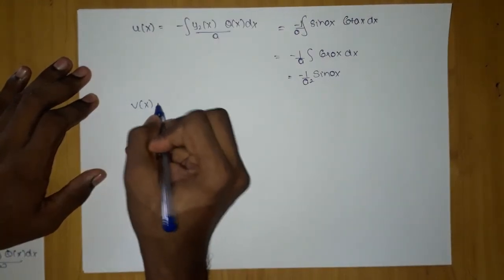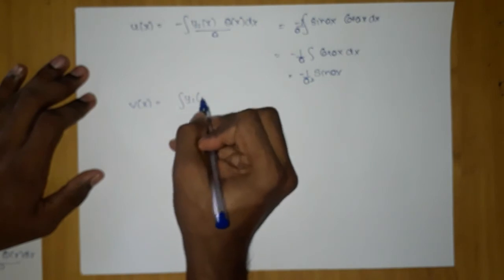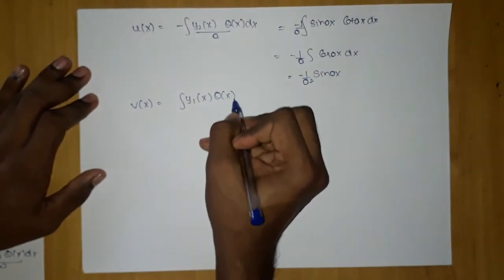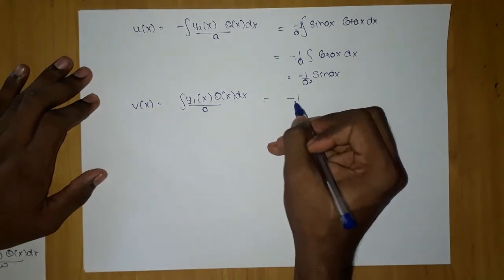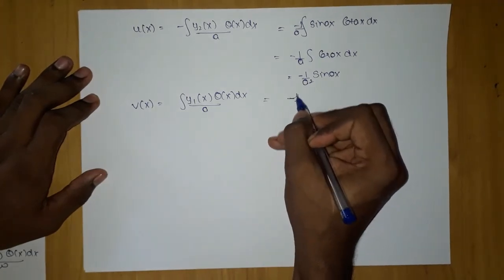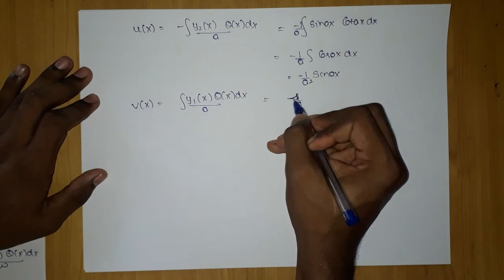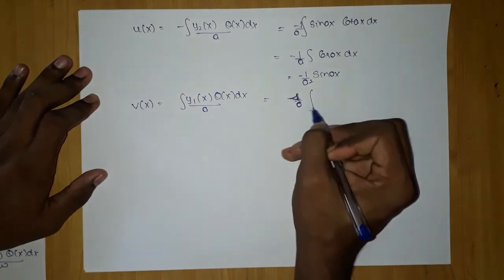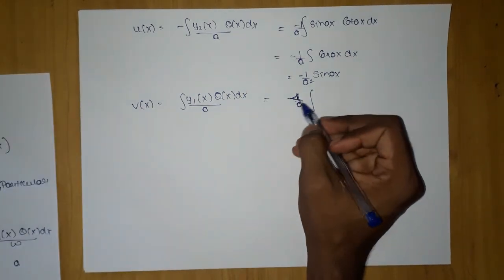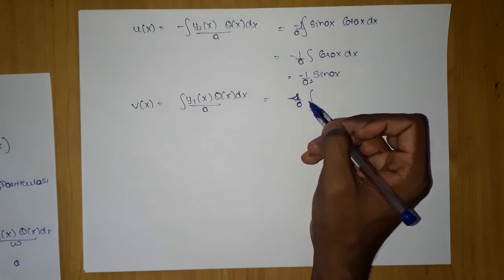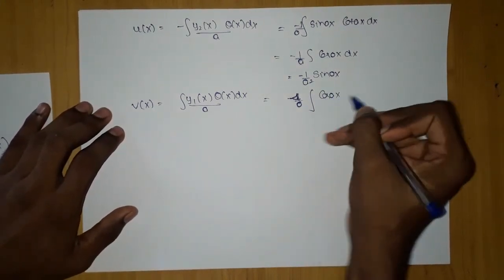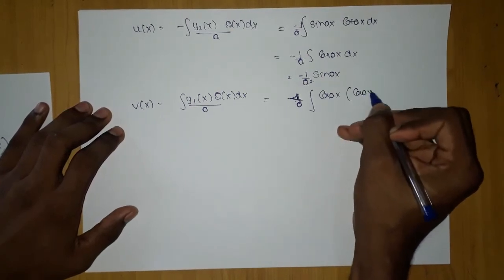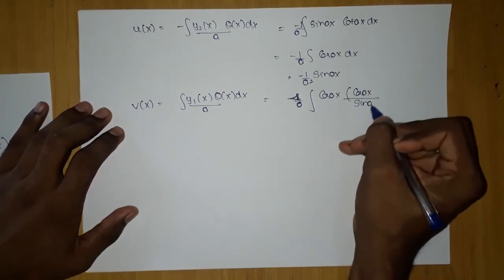Now v of x is nothing but integral y1 of x into q of x into dx by W, which is a. If I try to substitute, sorry, I wrote the minus sign, it will be 1 by a. I am taking the a outside, integral, y1 is cos ax, and here it is cos ax by sin ax, because it is cot.